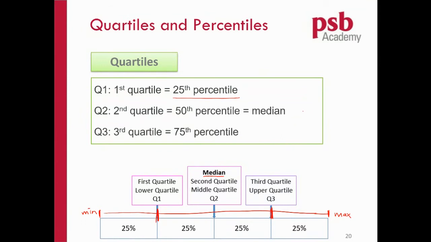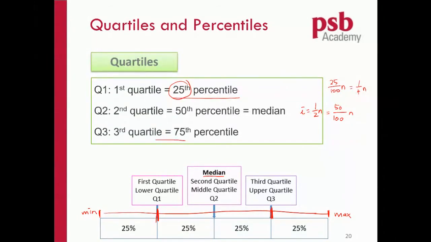Now you know how to find the median. The formula you used just now is i equals half n, right? Why half? Because it's actually 100%, and 50 is half of it. So now you can figure out what will be the formula for i for the first quartile. The first quartile is only the 25th percentile, so it should be 25 over 100 times n. 25 over 100 n is just one quarter n.